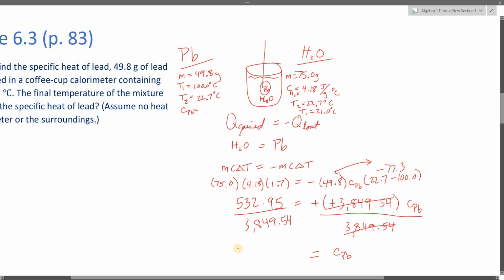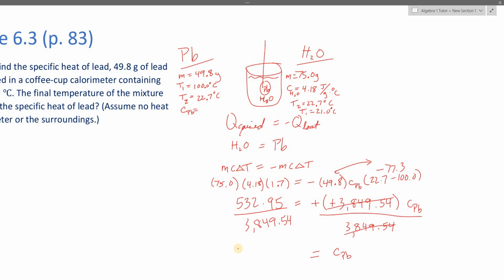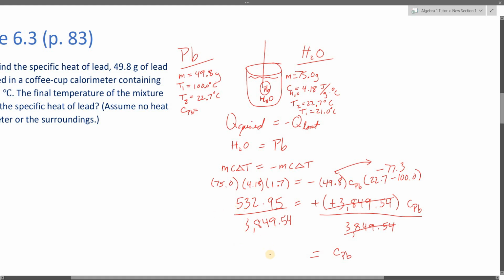So I'll get 532.95, divide by 3,849.54, and that'll give me a final answer of 0.138. The units for specific heat are joules per gram degrees Celsius. So there is my final answer.